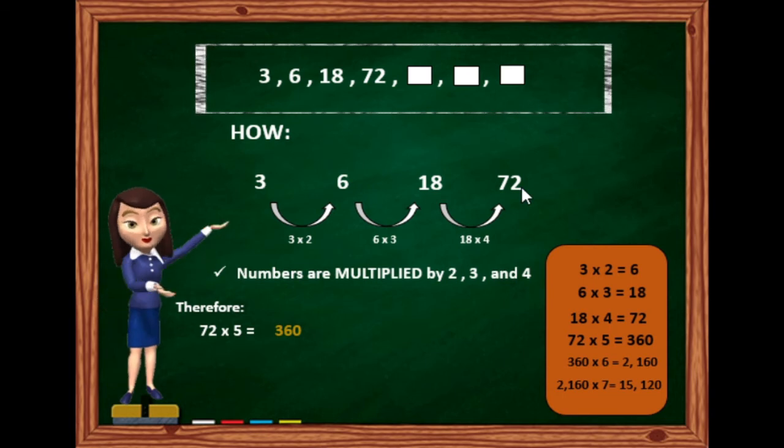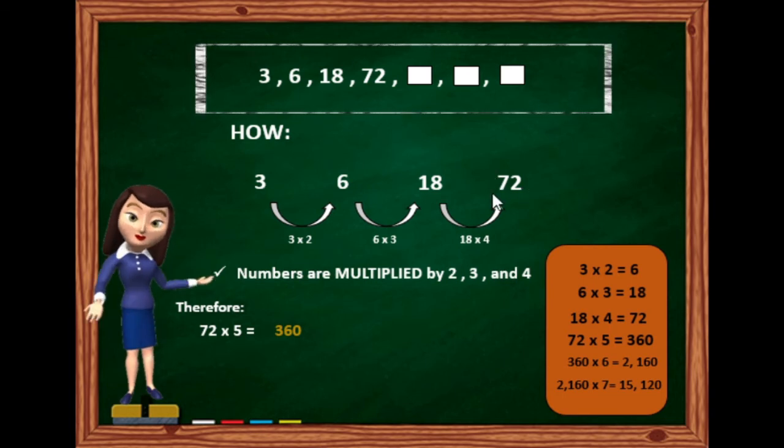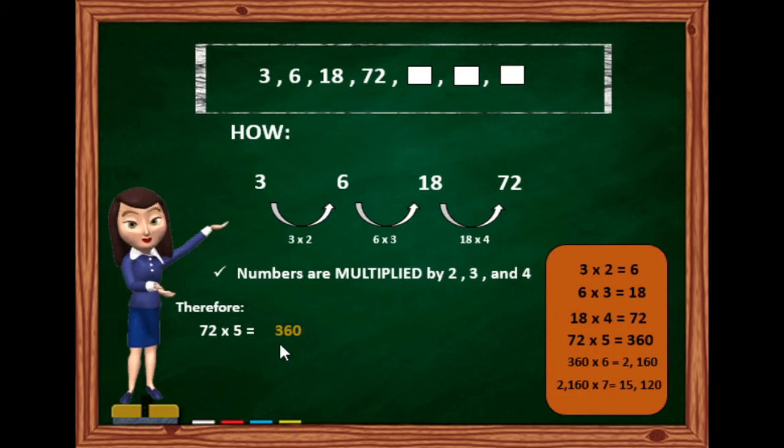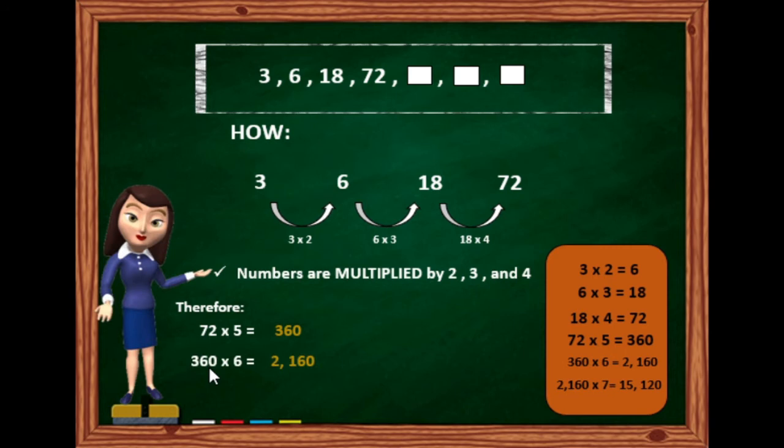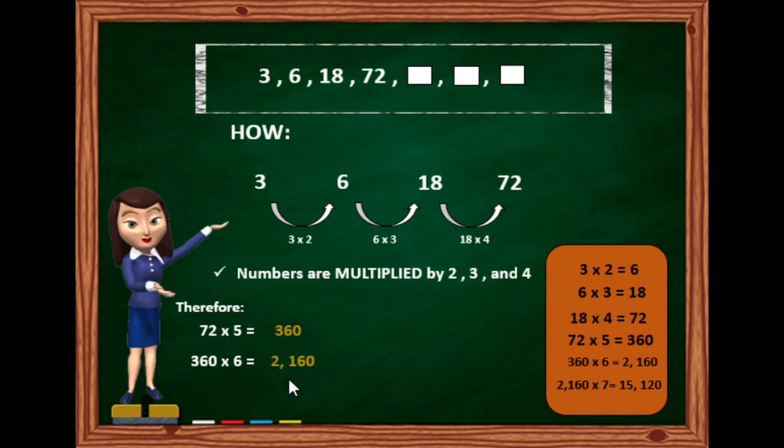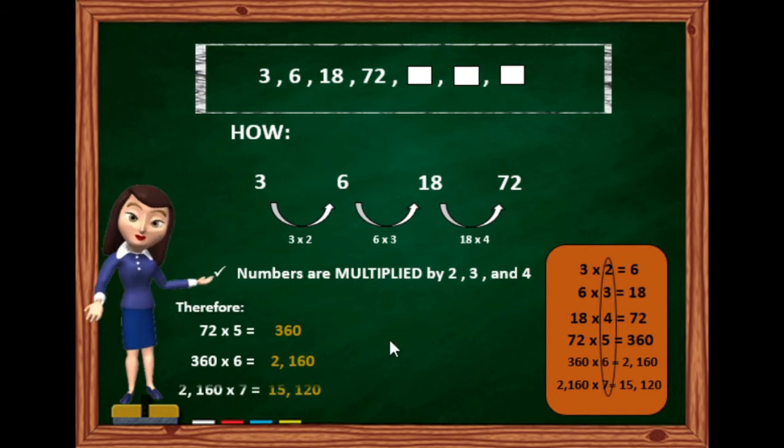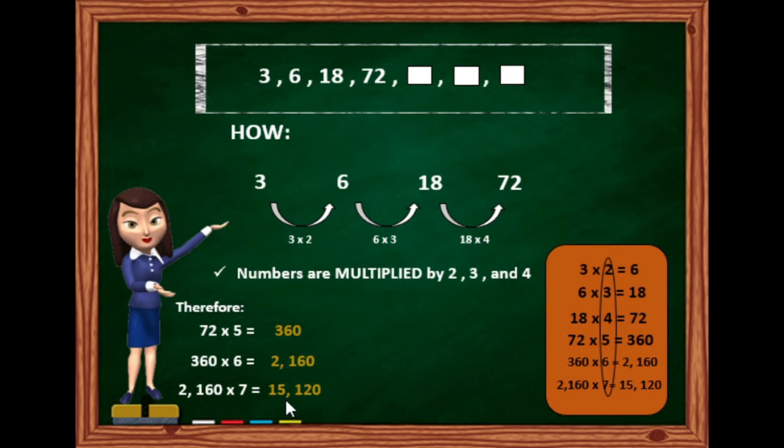Since we stopped with 72, let's continue by multiplying 72 by 5. So it's 72 times 5 equals 360. 360 times 6 equals 2,160, and 2,160 times 7 is equal to 15,120.